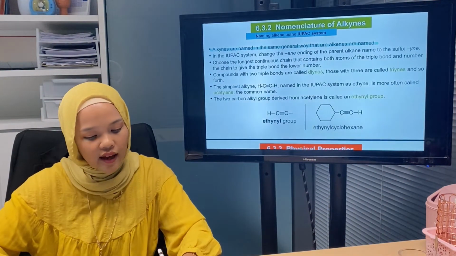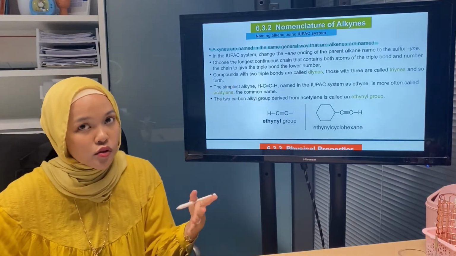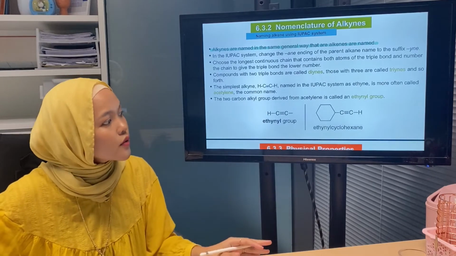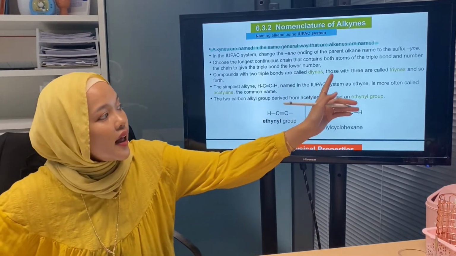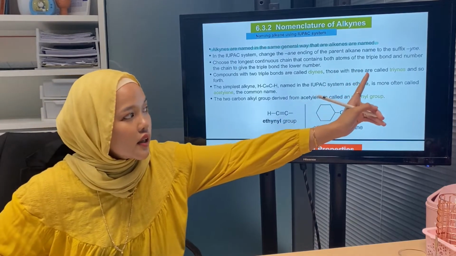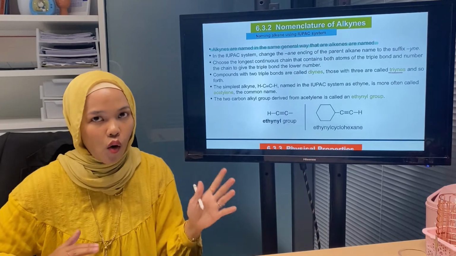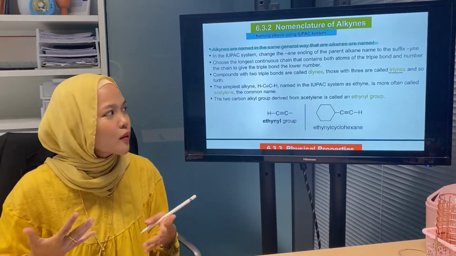Let us have a look if you have more than one triple bond. If you have 2 triple bonds, we will call it diyne. If you have 3, we will call it triyne, and so on. But it is not very critical.